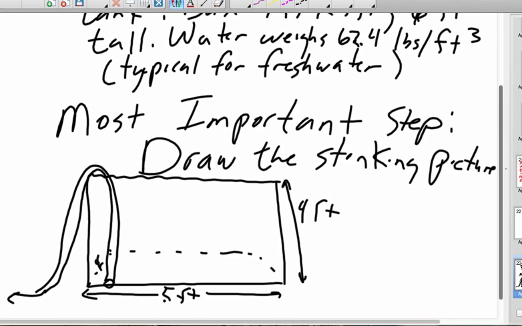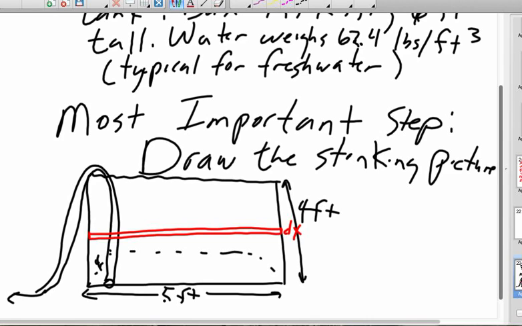All right. The second most important thing to do is just to pick some spot somewhere in there and draw yourself a little disc. This little disc is going to have a height of dx, infinitesimally. The first thing we want to do is find the volume of this disc.